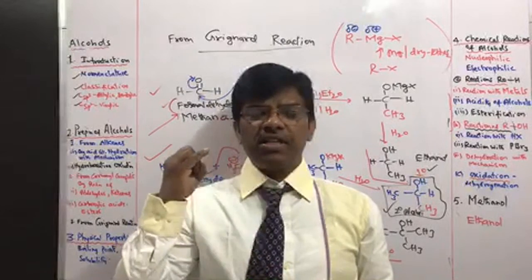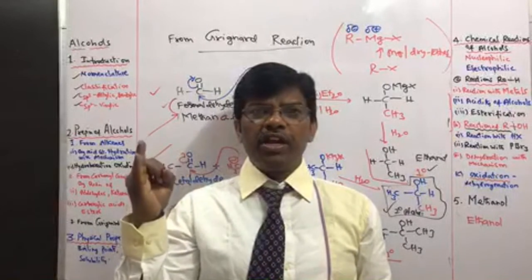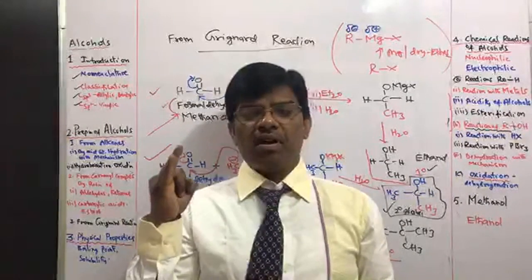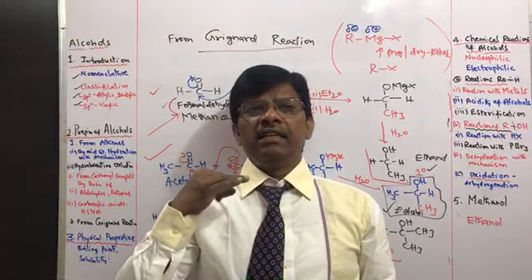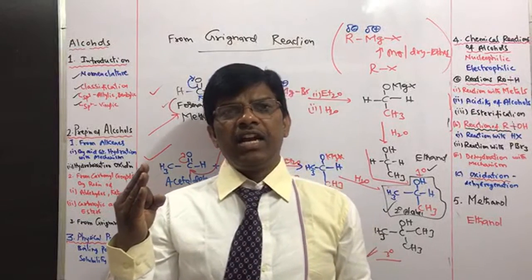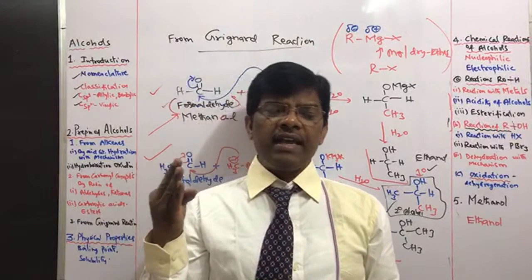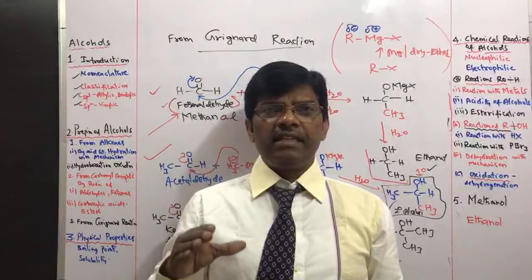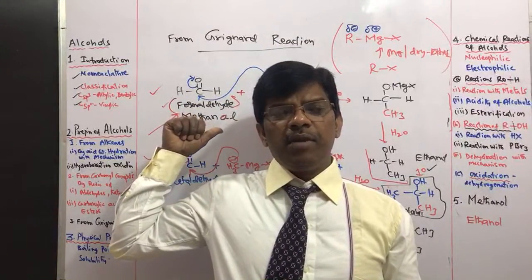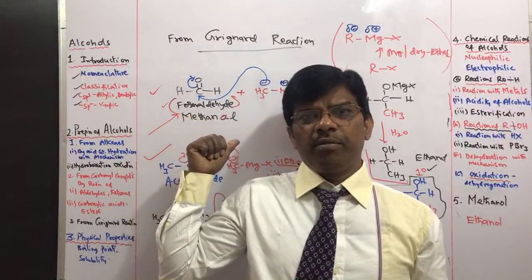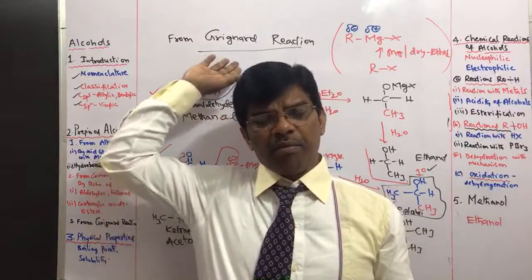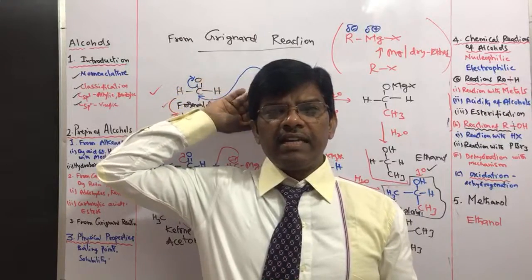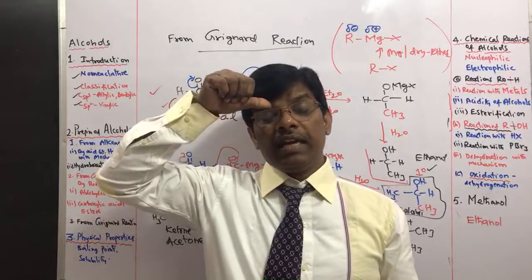Another method is hydroboration followed by oxidation to give anti-Markovnikov's alcohols. Then the third method is reduction of carbonyl compounds, aldehydes and ketones, and reduction of acids and esters. And then the general method is to prepare secondary and tertiary alcohols from aldehydes and ketones through Grignard reaction.